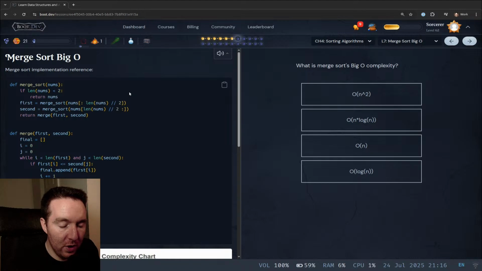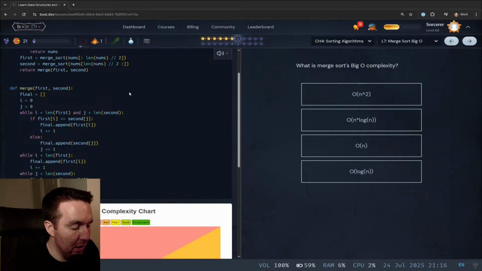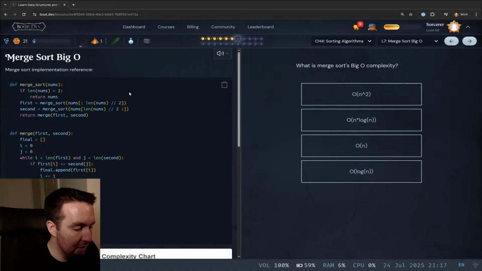So what is merge sort's big O complexity? Well, my logic is a little bit different. Oh, right, okay, I see. I kind of took a different approach of just plonking them together.